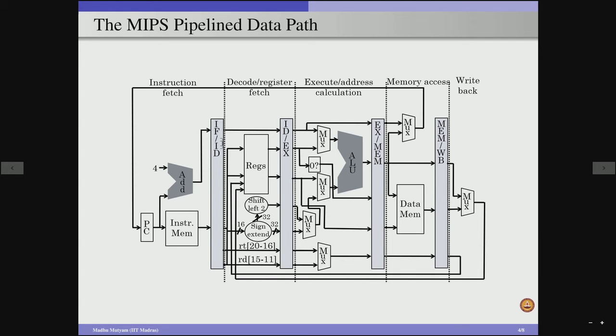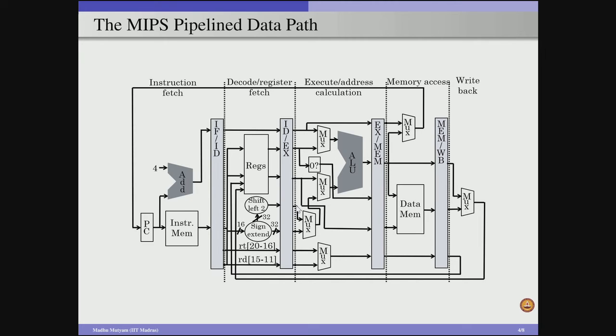These contents will be considered as an input to the next stage, and it will take some amount of time, that is the pipeline cycle time, so that the next stage will perform its operations. Again, when we apply the next edge, the outcomes from this stage will be stored in the next pipeline register, and it will proceed further effectively.